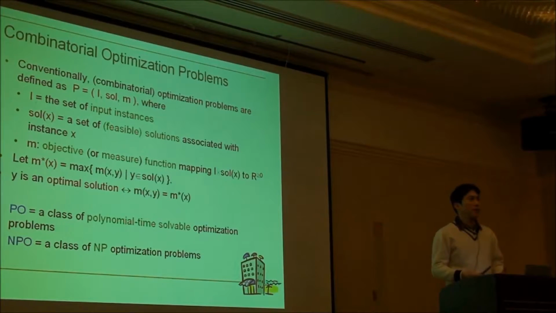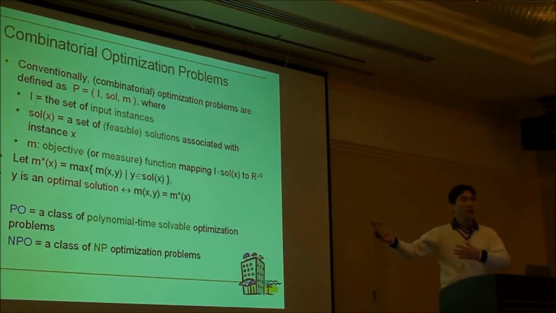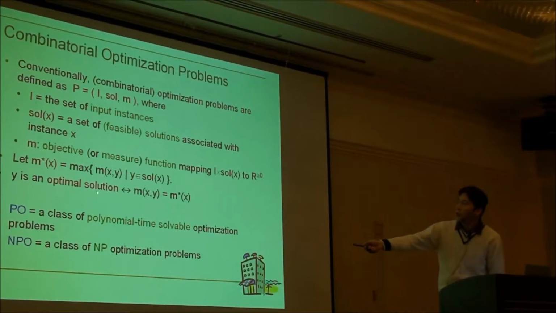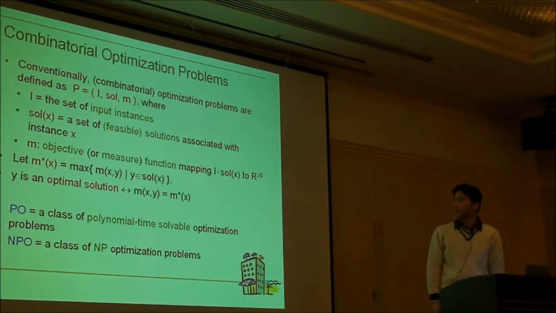Usually an optimization problem is considered as either a maximization problem or a minimization problem. We are sticking to the maximization problem in this part. A solution is called optimal whenever it gives the maximum objective value.